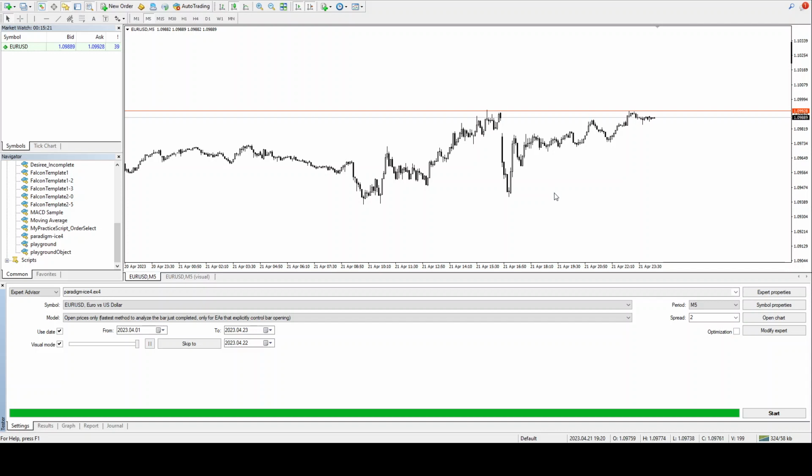So what this means is that the EA would not always get stopped out. Even if it is a losing trade, it will always wait for the full risk to be taken.